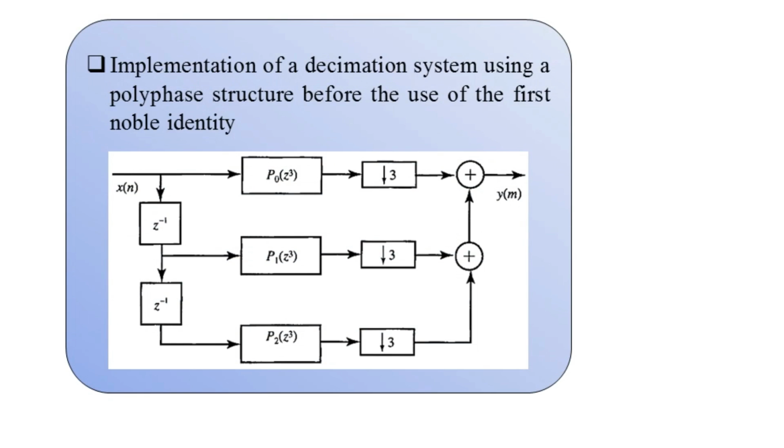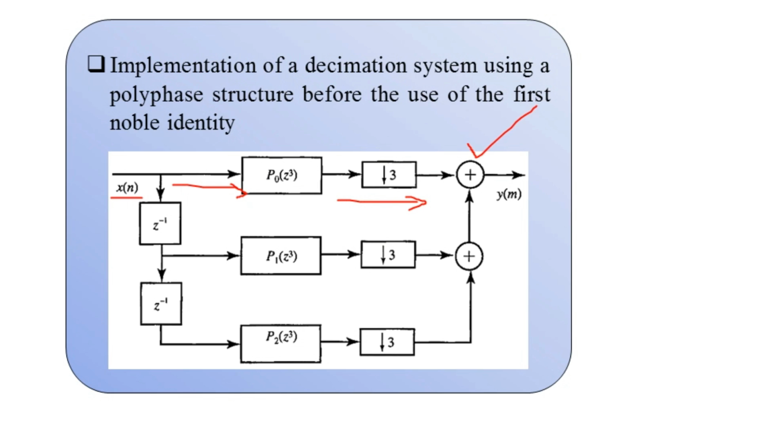So here we have the implementation of a decimation system using a polyphase structure before the use of the first noble identity. As it is the first case, we have x of n fed as input, we have the straight path to P0 of z cube, then the decimation by factor 3 and further added to this summer.